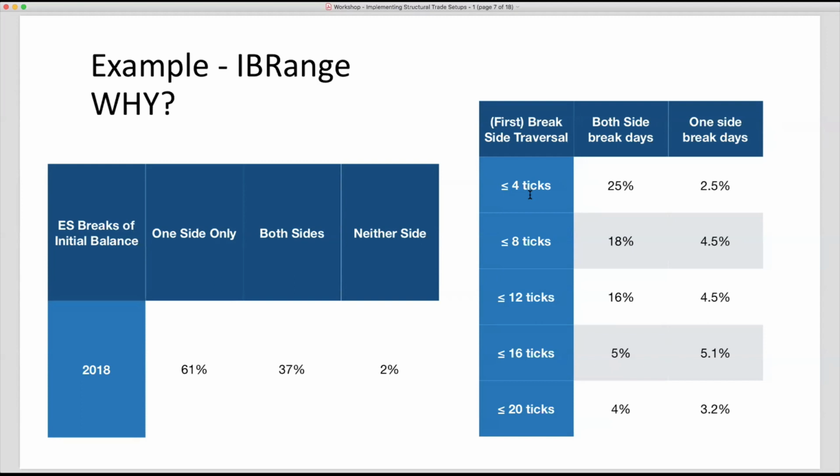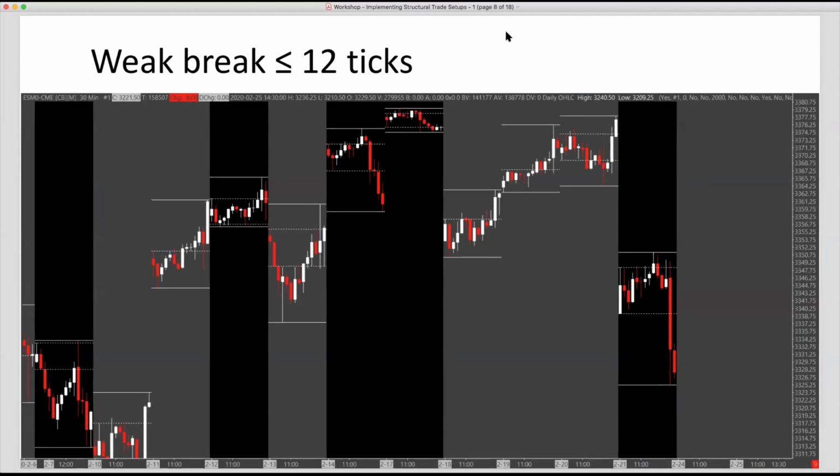But just to look at these stats pictorially, I fired my platform up this morning. This is February, and this is a 30-minute chart. The solid lines are the day session high and low. I'm only showing the day session. The dotted lines are the first hour high and low, the initial balance.